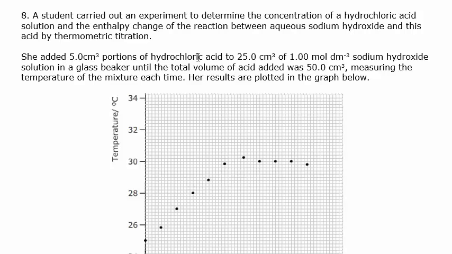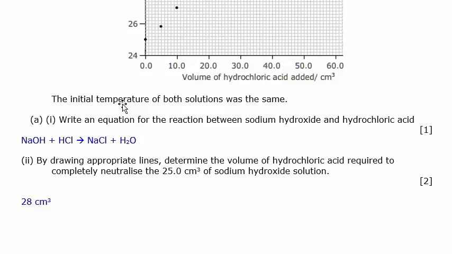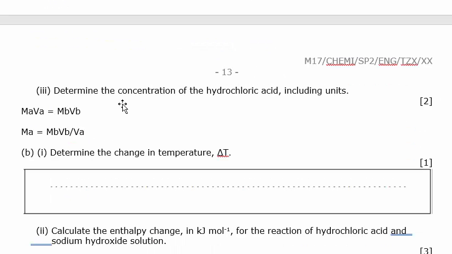The sodium hydroxide concentration 25 ml of 1 molar. So Ma, the molarity of the acid, equals, well, Mb is 1 times Vb is 25 divided by Va, volume of acid, 28.